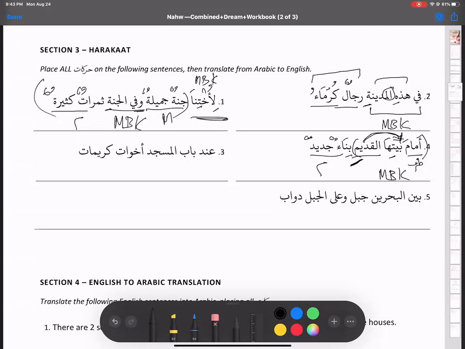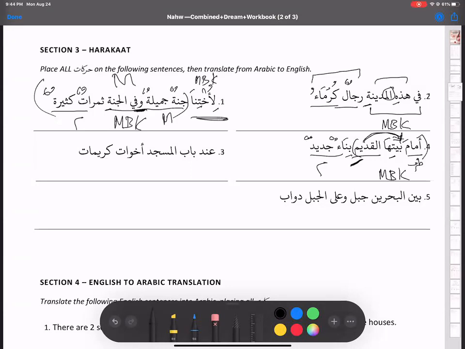I have a question, Sister Rahat. In number 1, you labeled Jannatun Jamilatun Mubtada, and then again Samaratun Kasiratun Mubtada. Is that only one Mubtada and they are all together? Because of Wow came, right? Yes, they are all connected. There is one big Mubtada, and then we can further break it down because we have so many things in there.